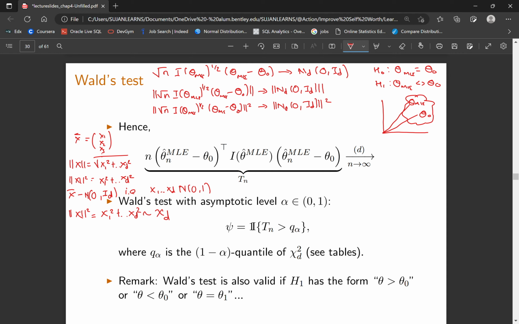At the same time, we also know that this has a normal distribution, so we'll take the square of that.